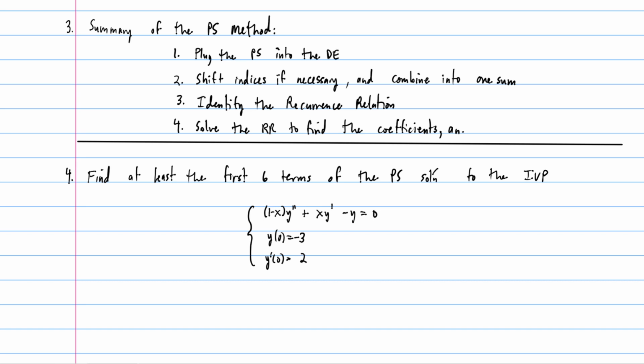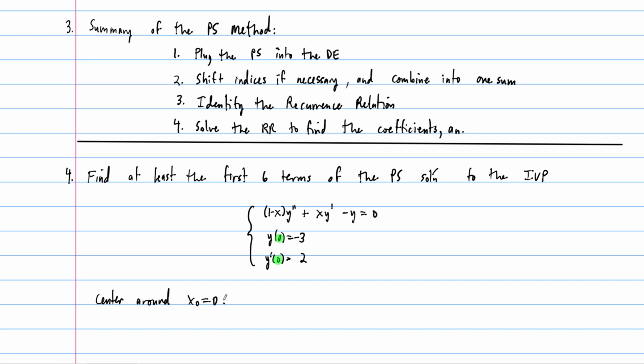And so the idea here is that we want to do exactly what we did before. We have a slightly more complicated equation, but the point is that if you're given an initial value problem, we always want to center around the initial point. For this one, it's 0 again. So we want to center this around x naught equals 0 because of this.